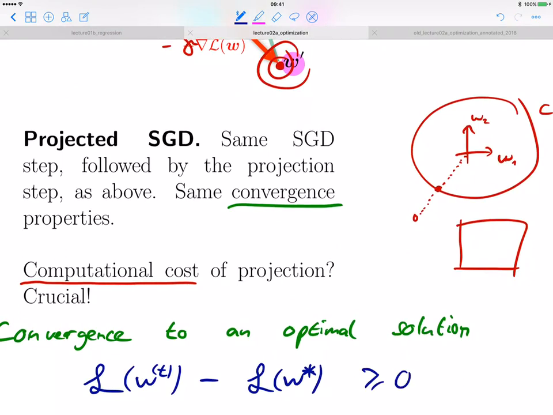This difference is always bigger than 0, because nothing can be better than the optimum. But we want it to go down to 0 quickly, for example smaller than some number divided by t.